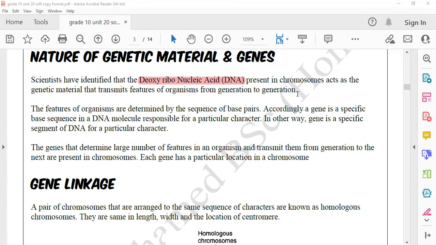One more thing. Now, how many genes do we have in our body? 15,000. All of us. You have 15,000, I also have 15,000. Every cell has 15,000. How many chromosomes do we have in our body? 46. Now, in these 46 chromosomes, 23 chromosomes were given by the mother.